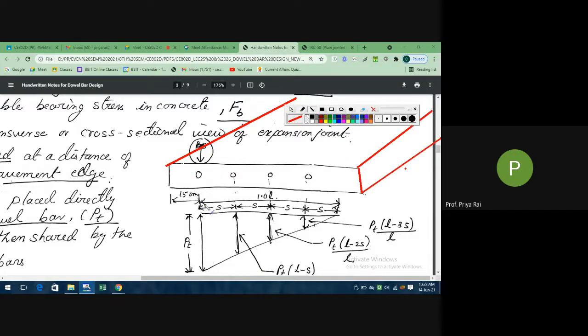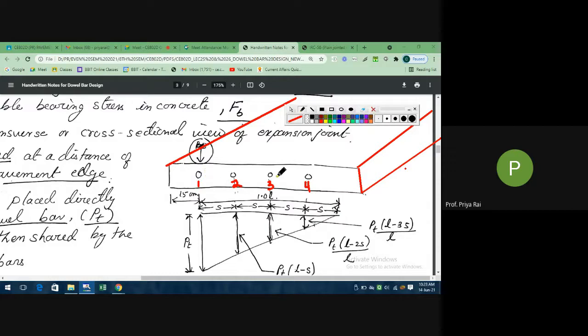Over which dowel bar will the maximum stress, or maximum force, be applied? If this is the position of the wheel load, which dowel bar will have to carry the maximum load, or transfer the maximum amount of load? Which one? 1, 2, 3, 4? Which one?